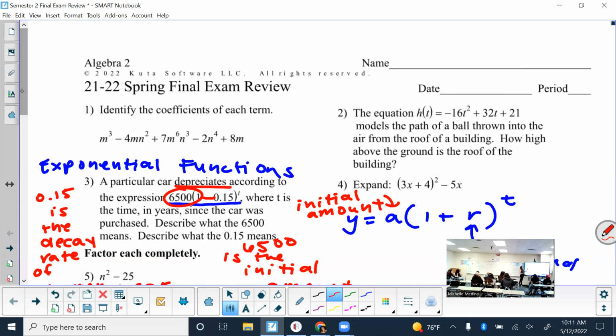All right, number one, identify the coefficients of each term. What are coefficients? Are they numbers? Are they letters? Good, so they're the number in front of the variable.